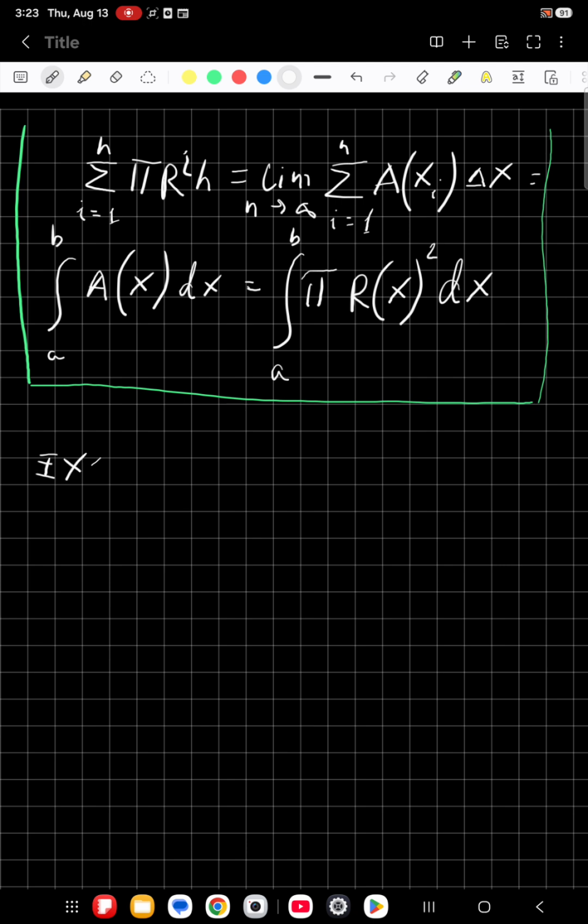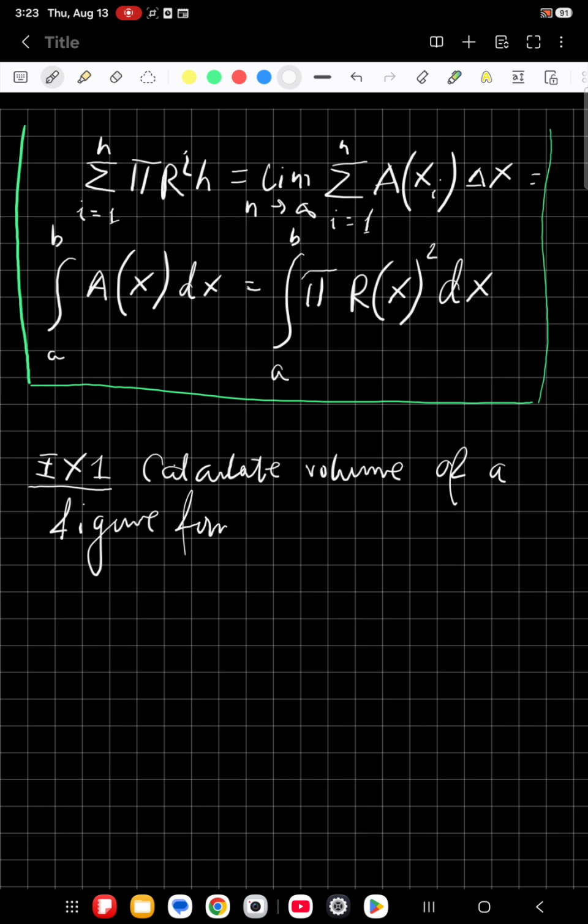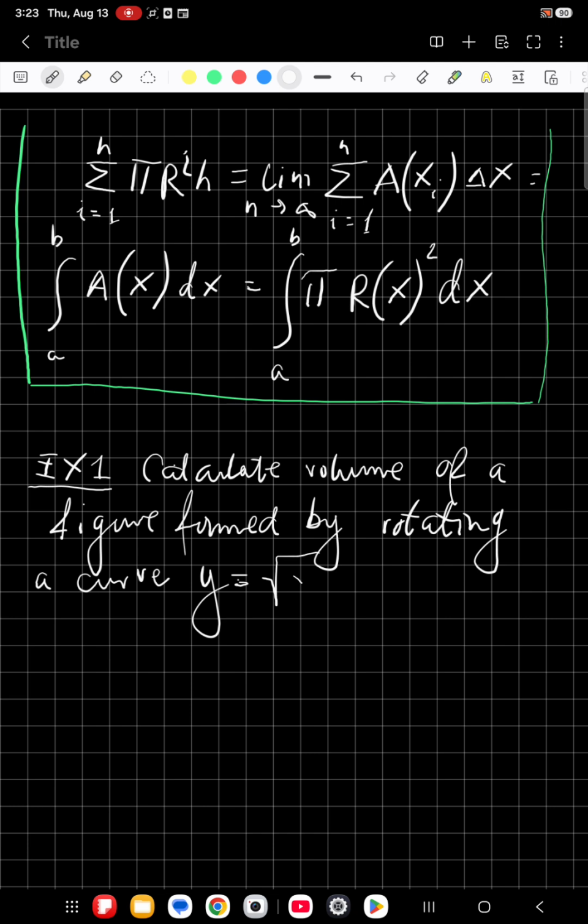Example 1. Calculate the volume of a figure formed by rotating a curve y equals, so here we have a specific function, y equals square root of x, and we're rotating it about the x-axis.